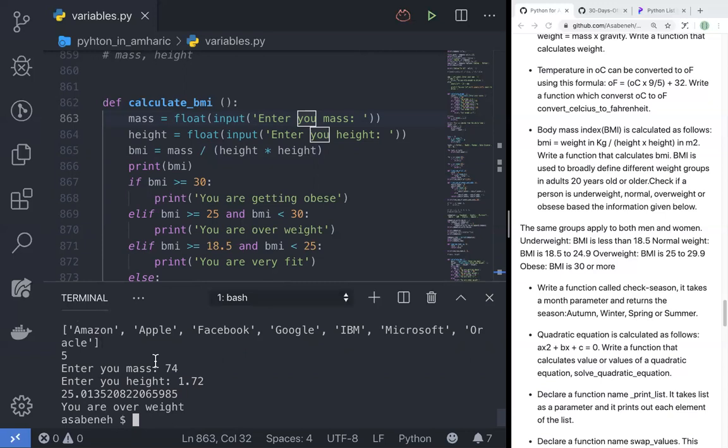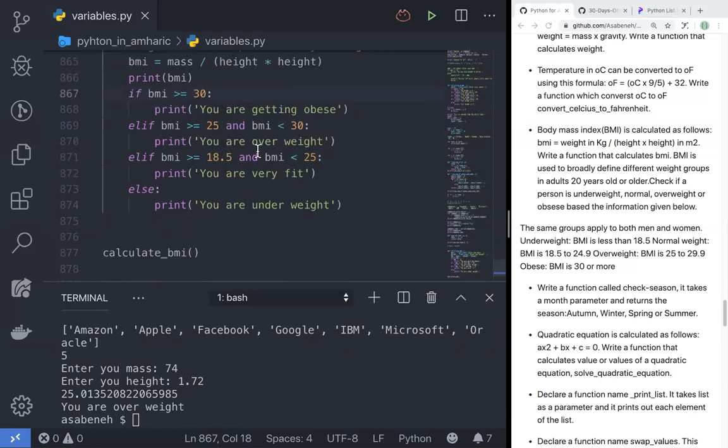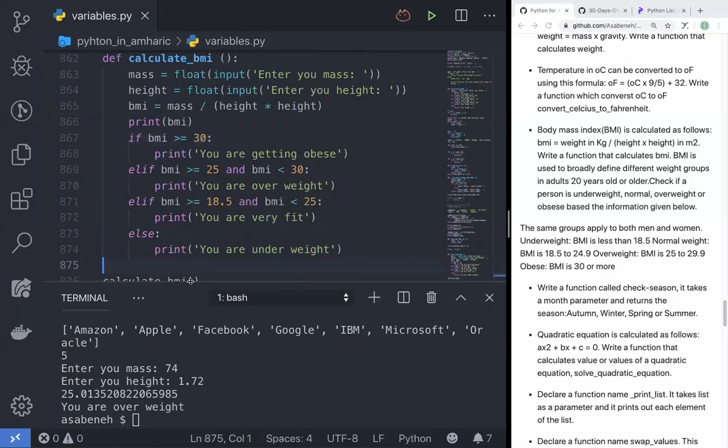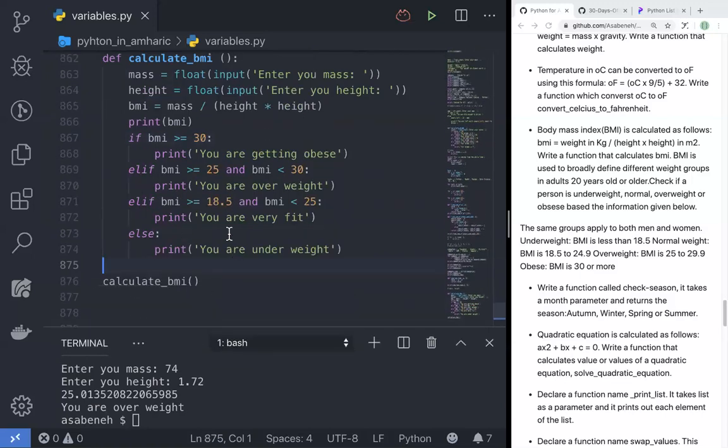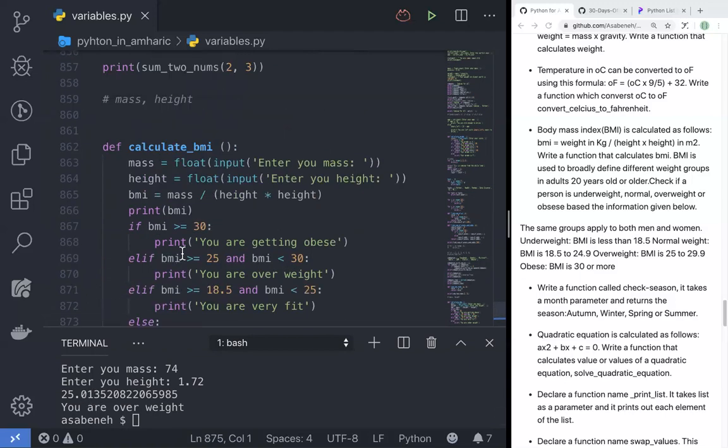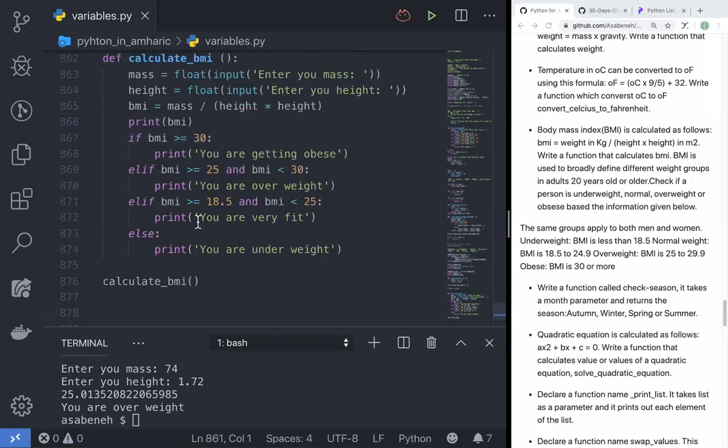You are overweight. 25, so 25 is where? If BMI is greater than, oh yeah, I think it's right. But you know, BMI is not a very scientific thing, it just says something, but it's not very accurate. But according to our calculation, yes. So I'm judged by this script that I'm overweight, but this is how it looks.